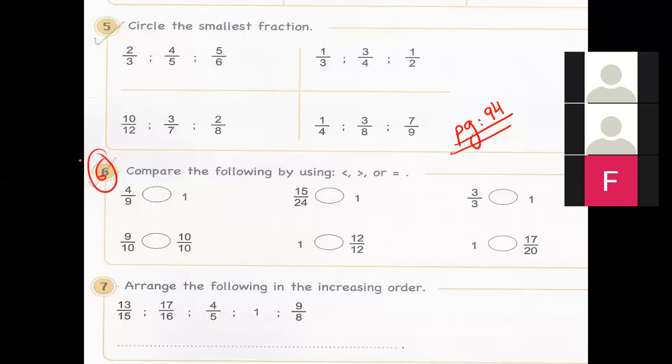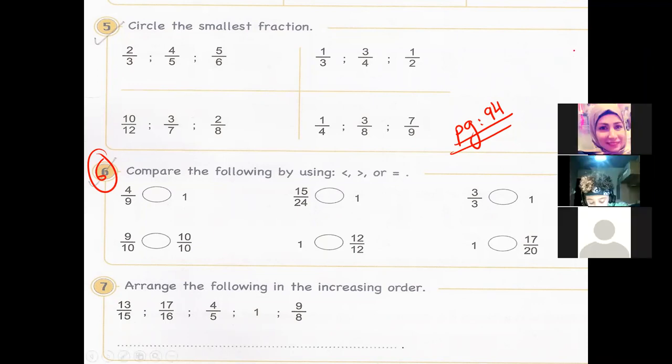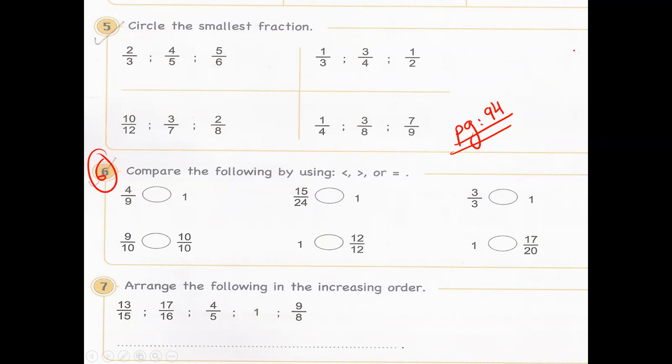Teacher, can I ask you something? Yes, Hassan. Teacher, in exercise 6, there are 15 over 24 equal 1.